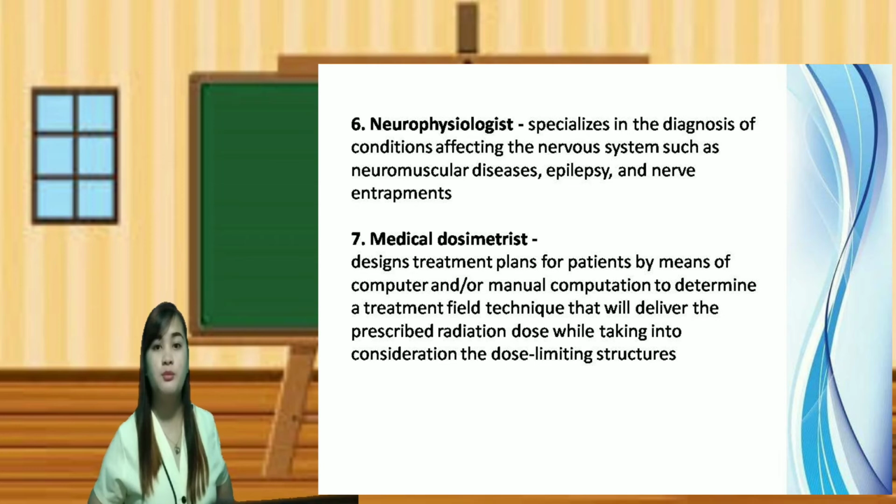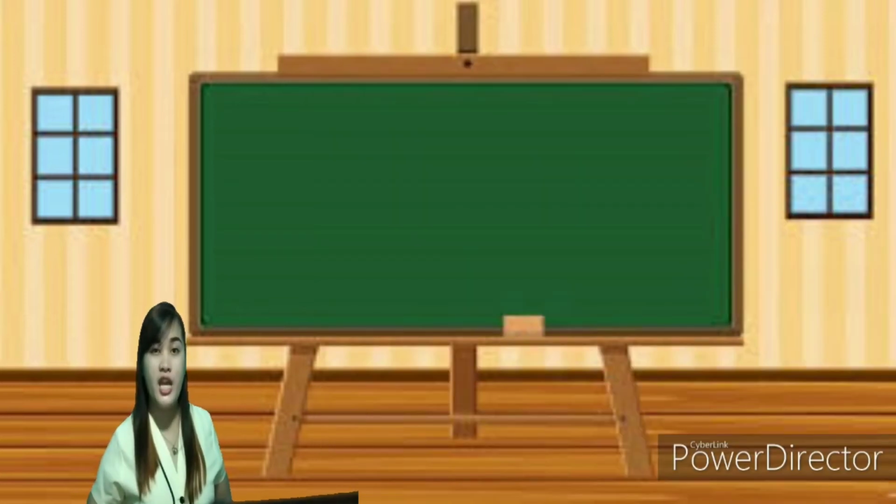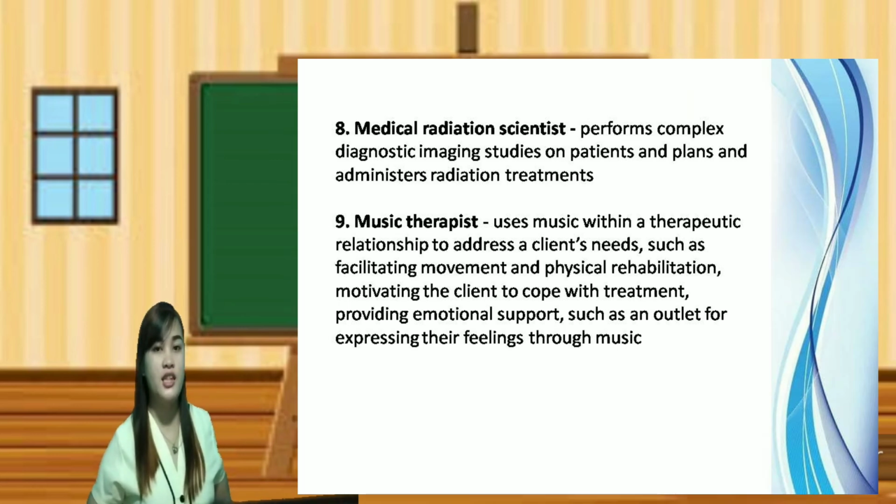Designs treatment plans for patients by means of computer and/or manual computation to determine a treatment field technique that will deliver the prescribed radiation dose while taking into consideration the dose-limiting structures. Number 8. Medical radiation scientist performs complex diagnostic imaging studies on patients and plans and administers radiation treatments.